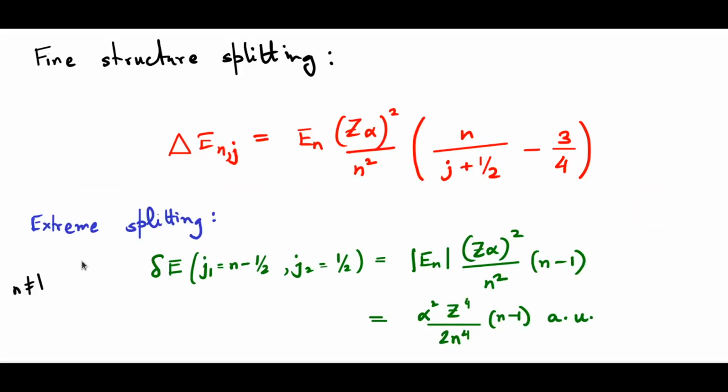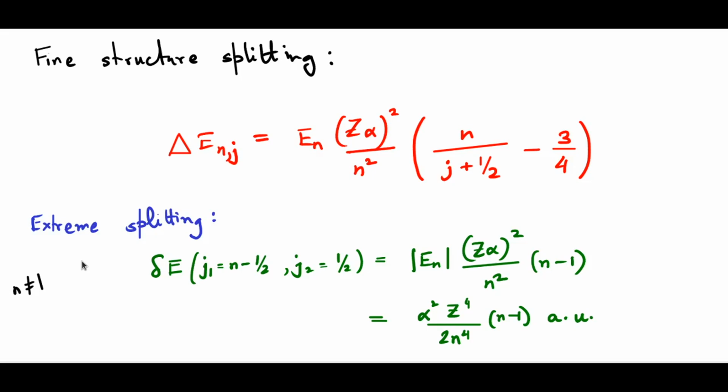Let me remind you once again that the fine structure splitting delta E n j, at least to first order, is always negative, as you can see from the expression, and the splitting of course increases with larger values of this bracket n by j plus half minus 3/4. That is, the smallest value of j causes the largest shift.